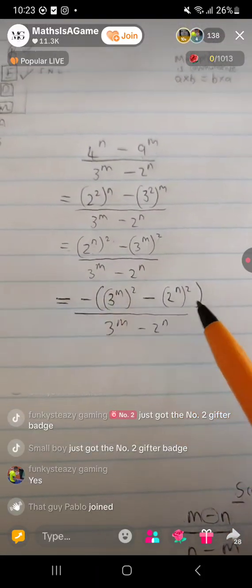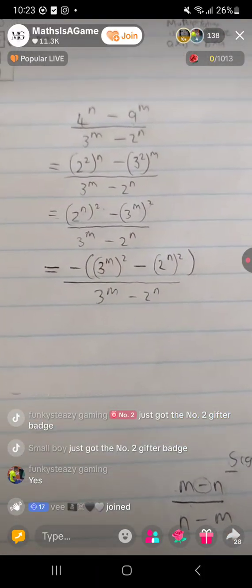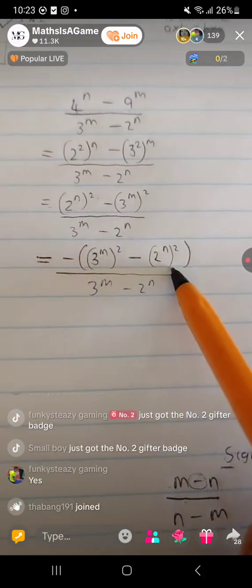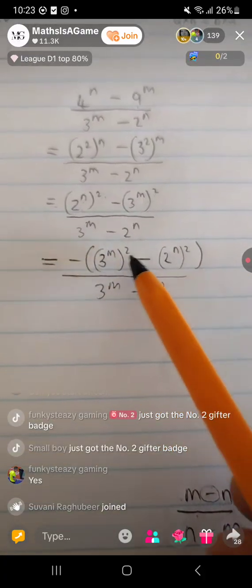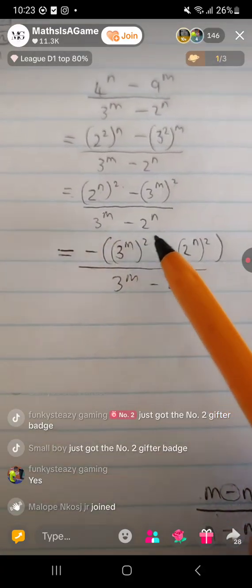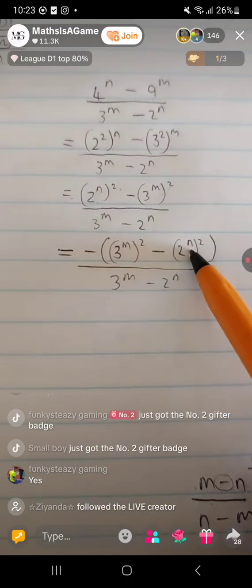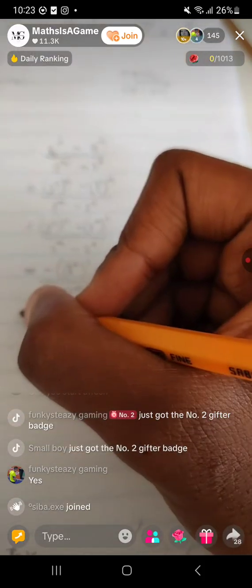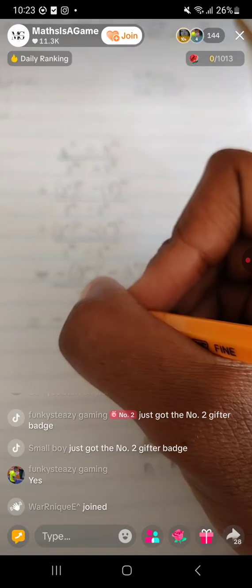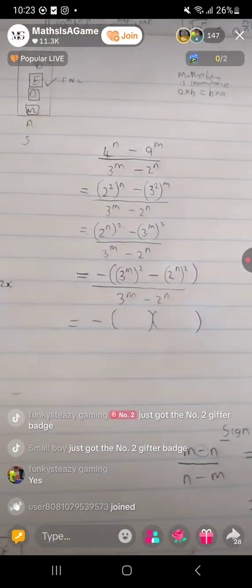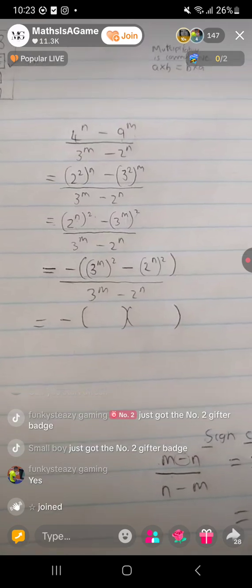Sign change rule has been applied successfully. Then I look inside the bracket. What type of factorization is this? It's a difference of 2 squares, in the right order, because it will prepare cancellation. So now remember, with difference of 2 squares, we open 2 brackets.